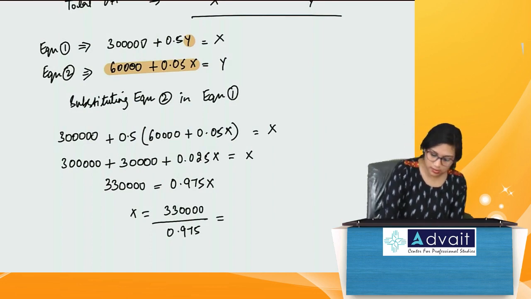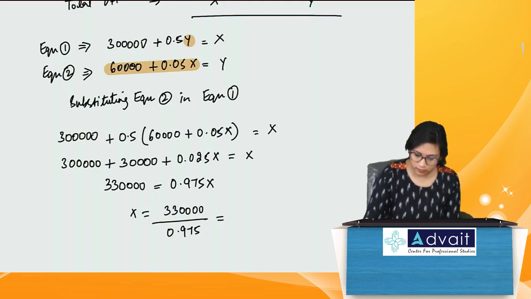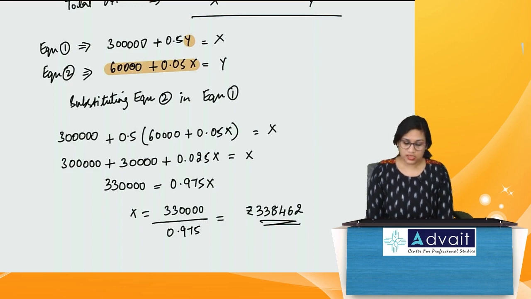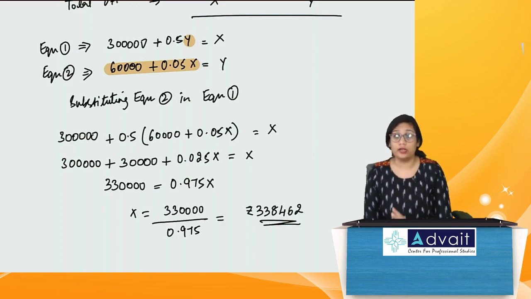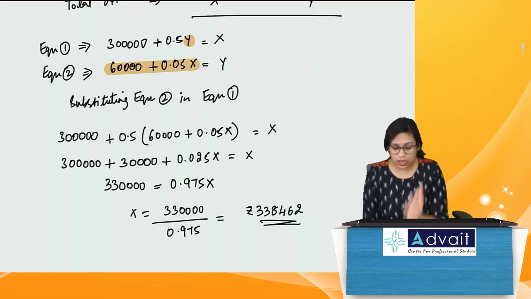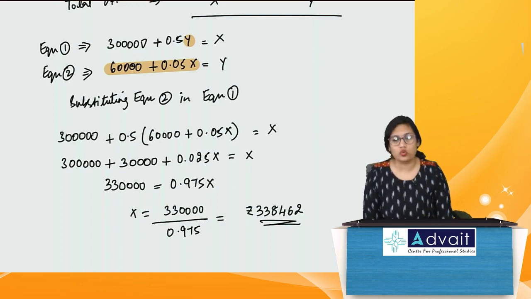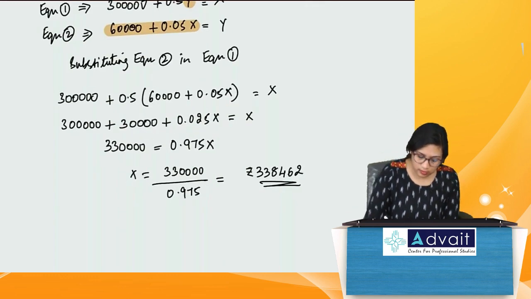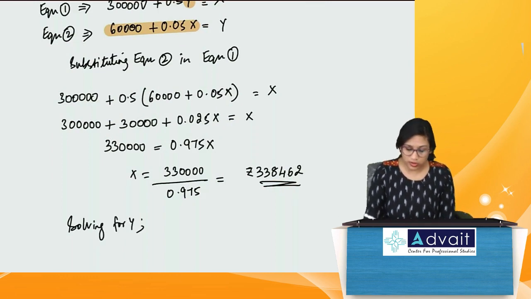So x will be, guys, how much do you get? 338,462. Let's round it off. 338,462. So this is the value of x, the total. The total of boiler house comes up to 338,462. Now let's solve for y. Solving for y, we will use equation 2 directly.